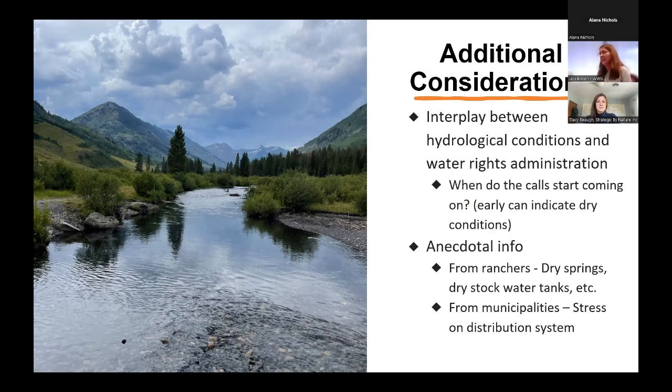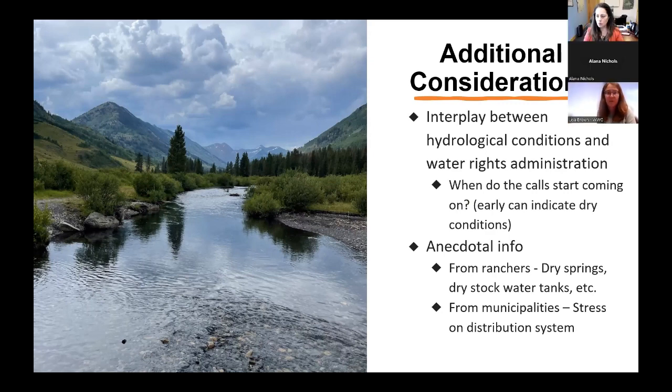Are their stock water tanks holding up, or are they getting low? That's information from the folks out on the ground. And from the municipalities, are they starting to experience stress on their distribution systems? So these are some of the other indicators of drought in addition to the very scientific information.